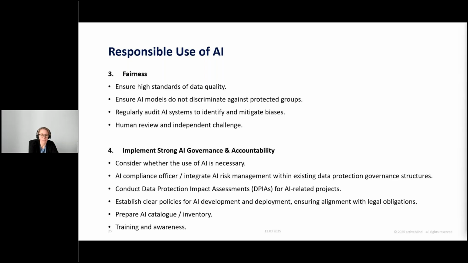But definitely you should integrate AI in your risk management, for example, in your existing data protection or information security structures. Most probably you need to conduct a data protection impact assessment for AI-related projects, but here I again like to refer to the ICO's website. They are providing really good guidance on this.